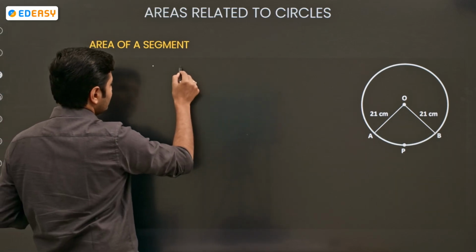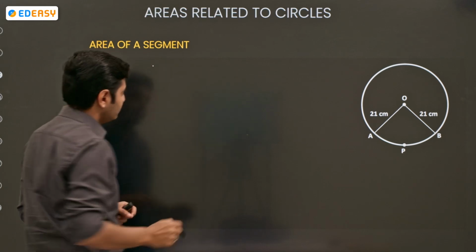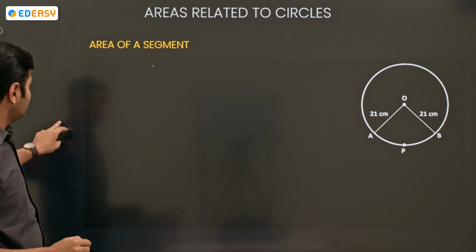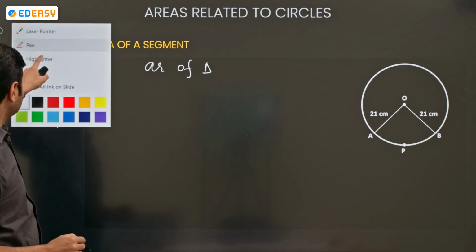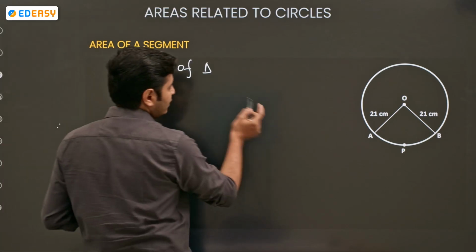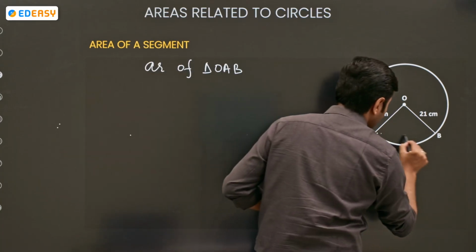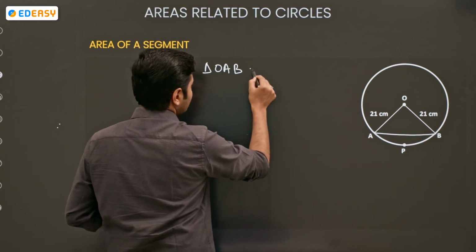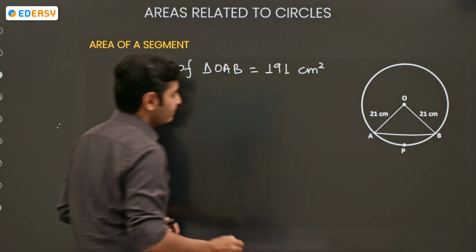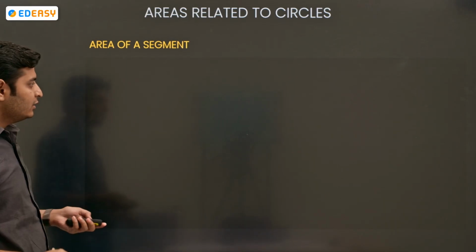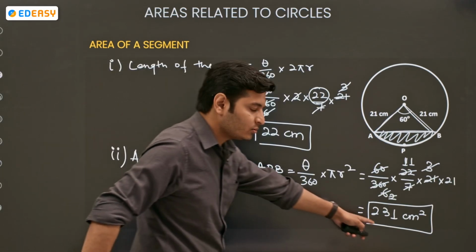Area of triangle OAB is 191 centimeter square. Also, in the previous slide, we found the area of sector OAPB, that is 231.